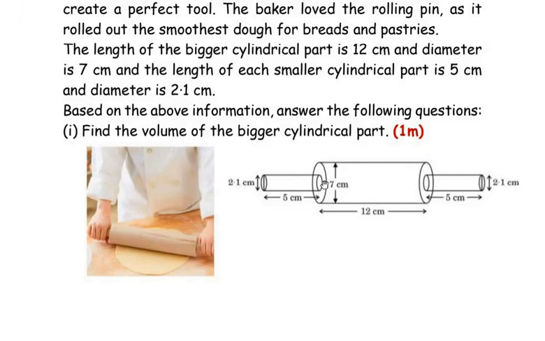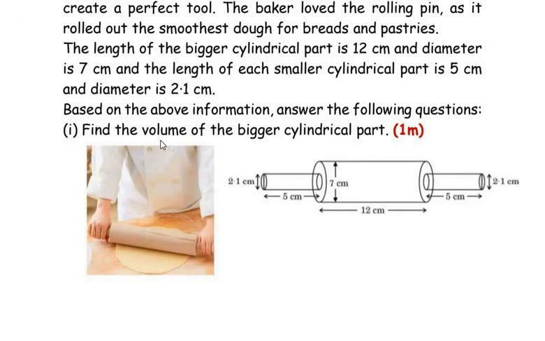And the dimensions of the 2 types of cylinders are given to us. For the small cylinder, the diameter is 2.1 cm and the length or the height is 5 cm. And the diameter of the larger cylinder is 7 cm and the length or the height of this larger cylinder is 12 cm. In the first sub-question, we need to find out the volume of the bigger cylindrical part.